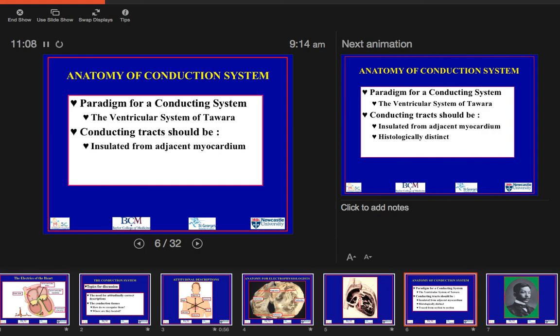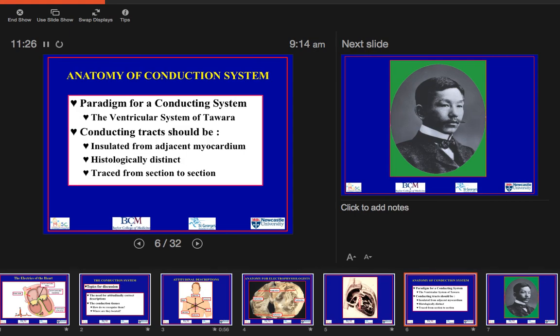But these giants pointed out that a tract should be insulated. And that is the real key as to how we as anatomists differentiate tracts. They should also be histologically distinct so that you can recognize the cells within them.